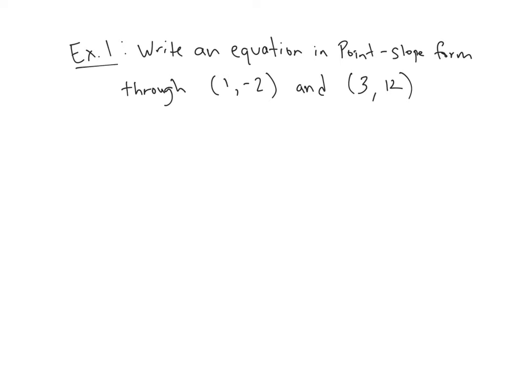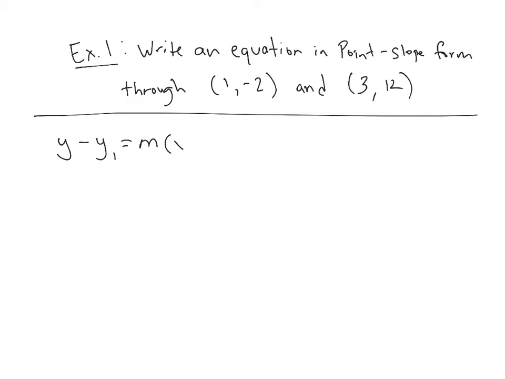We're going to write the equation in point slope form of a line that goes through the points 1, -2 and 3, 12. In order to do that, I know that I'm going to want to write my equation as y minus y1 equals m times x minus x1. The problem is I don't have a slope. So since I don't have a slope, I'm going to have to start out by finding my slope.